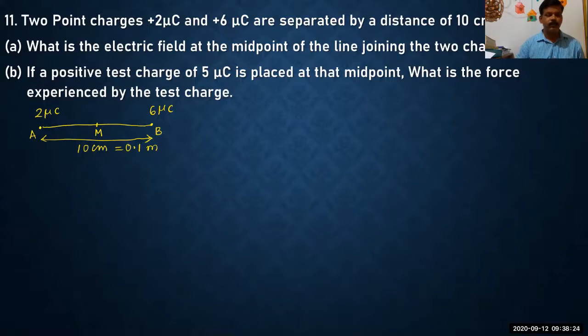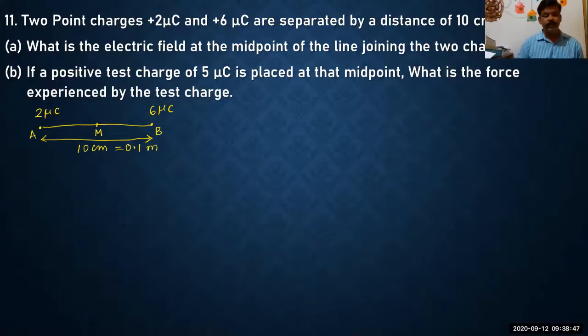There are two source charges. One is 2 microcoulomb and another is 6 microcoulomb. Both are source charges only, because the electric field is due to the combination of these two charges. Both act as the source charge.